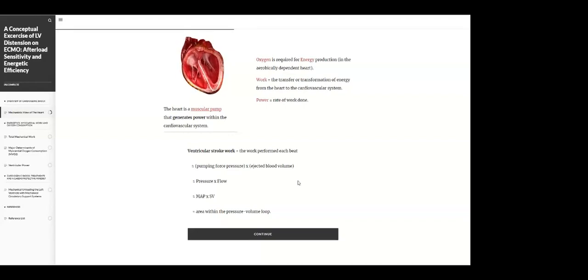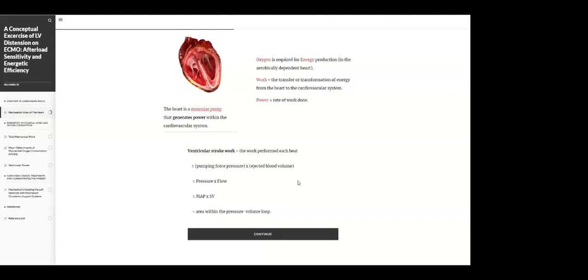pressure volume loop. And then for power, so it's going to be a very similar formula for mean arterial pressure times stroke volume, but again, power has that rate aspect. So that again, clinically, that's going to be heart rate. So it's just going to be mean arterial pressure times stroke volume times heart rate, or mean arterial pressure times cardiac output.